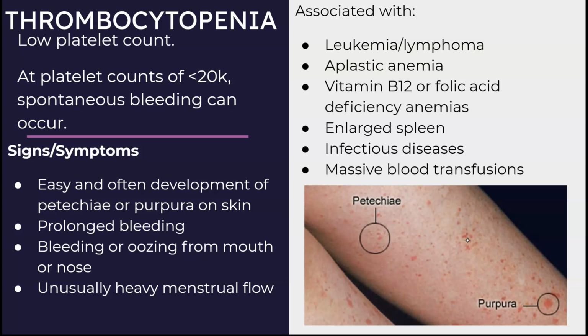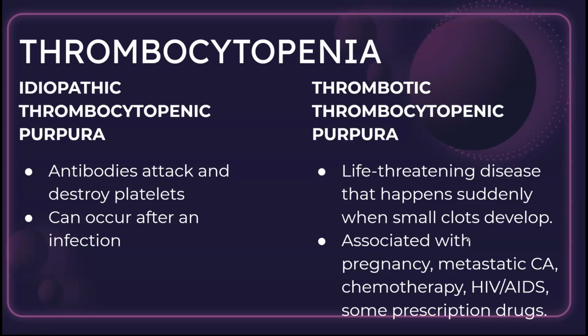These patients are commonly given platelet infusions to help them feel better, but it's usually secondary to another issue, right? So leukemia or lymphoma, aplastic anemia, which is another type of anemia, infectious diseases, etc. So you can have an idiopathic version, or you can have a thrombotic version of thrombocytopenia purpura.